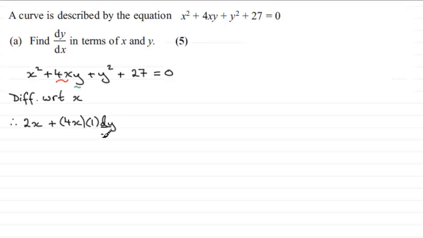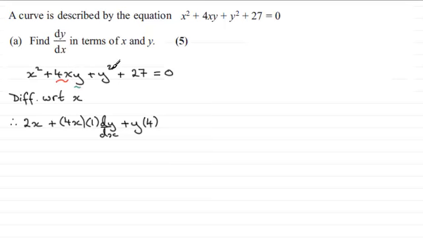That's implicit differentiation there, okay? We're still with the product rule, so it's plus, and now we take the y and multiply it by the differential of 4x with respect to x, which is simply 4. Okay, so we're done with differentiating 4xy here.